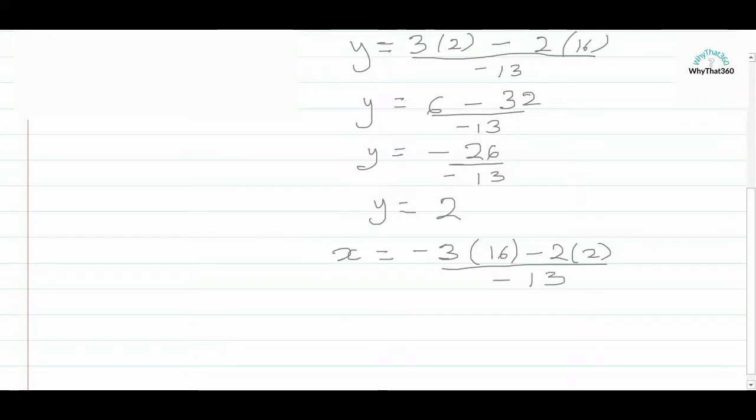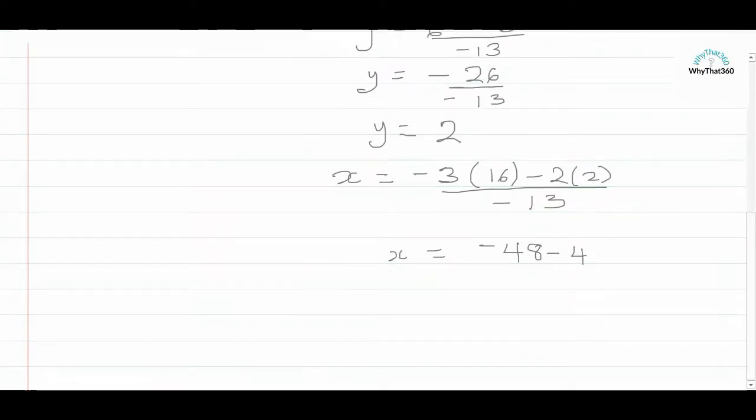So we go ahead and get negative 3 times 16, which is negative 48. So negative 48 minus 4, all divided by negative 13.